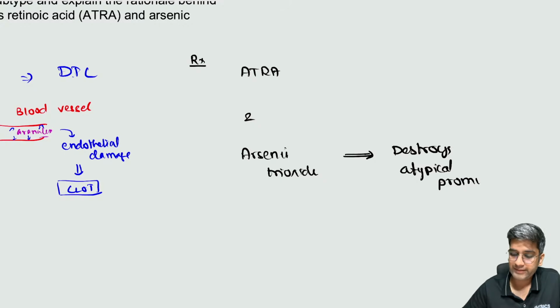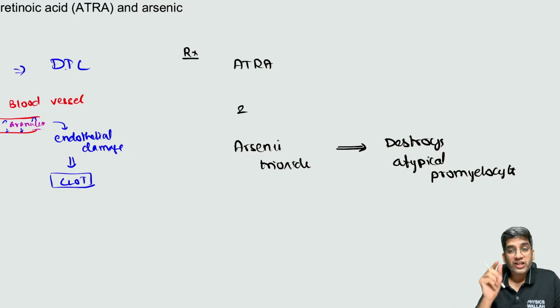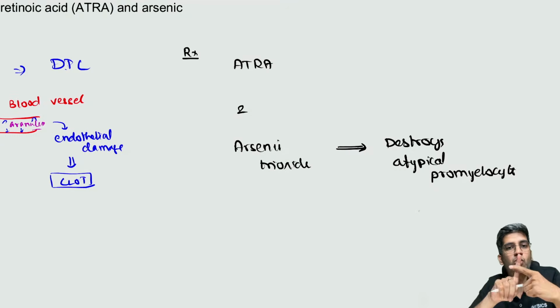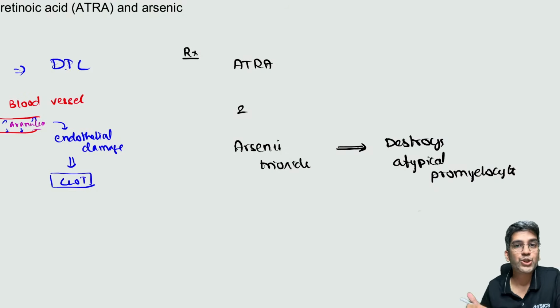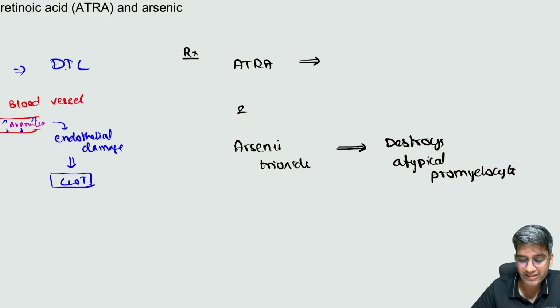Okay. There are two ways to clear a problem. One, destroy it. The other one, if I can change the root cause. What is the root cause? PML-RARA was blocked, right? Retinoic acid was blocked. The receptor didn't work. There's one simple way to make receptors work or remove the block. Increase the substrate. That's what we did here, right? ATRA acts on the simple principle. Once there's an increase in the substrate for RARA, which is retinoic acid, vitamin A, that's all.